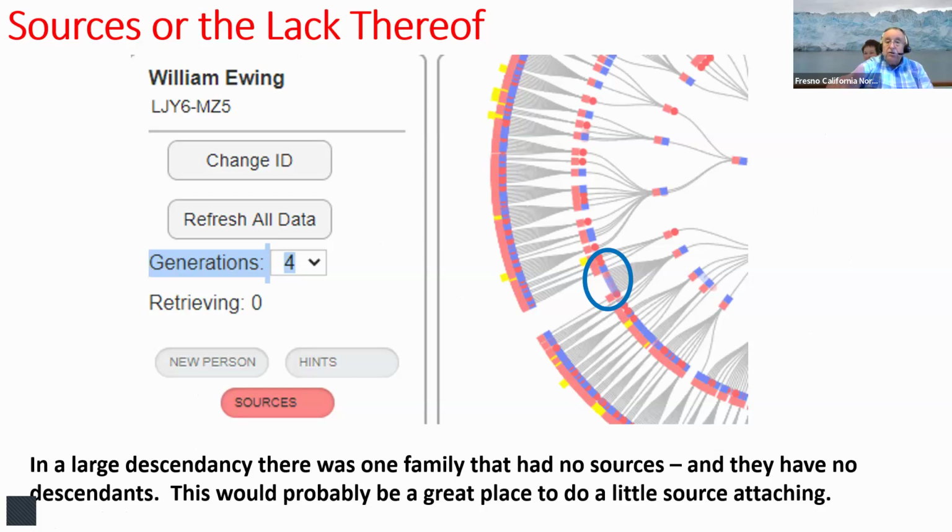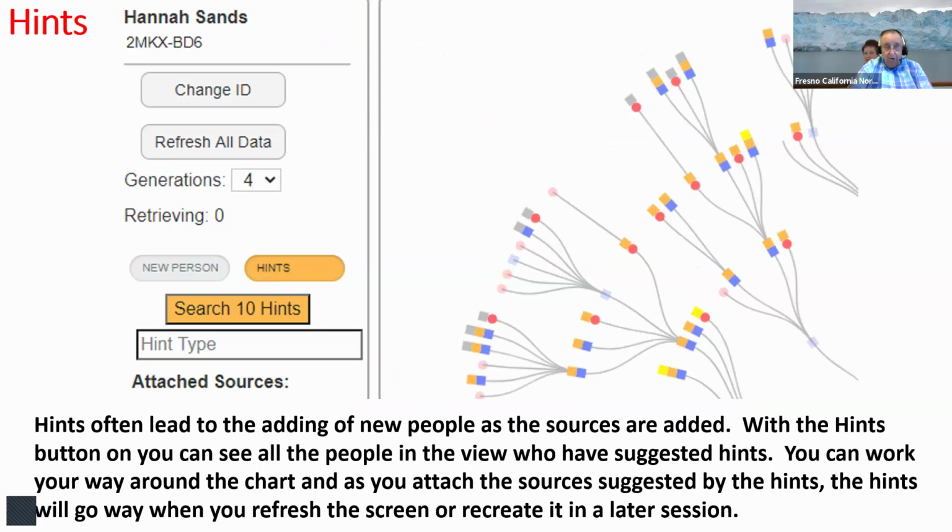And you can see the hundreds of people in this descendancy. This is a pretty full descendancy. That's a very interesting place to go look in that particular descendancy. Okay, hints is another one. And with the hints, those are things we'd like to know because we're going to want to know who has hints because they're often the people that we can add information to.